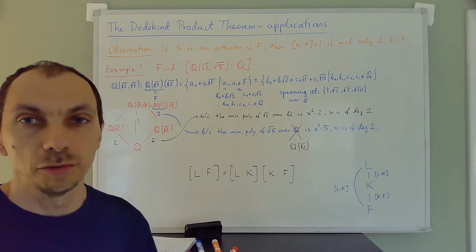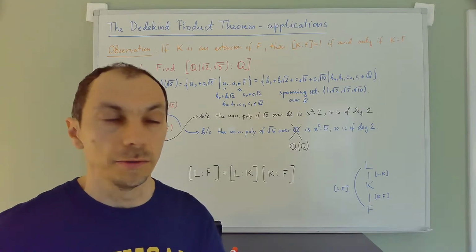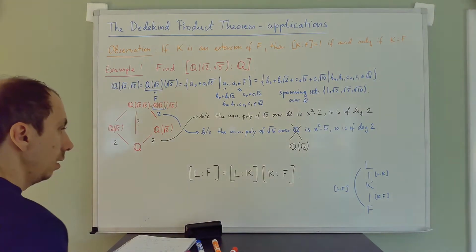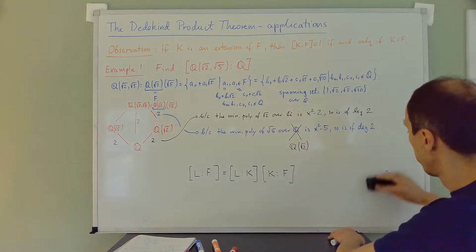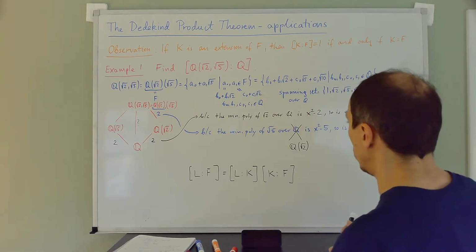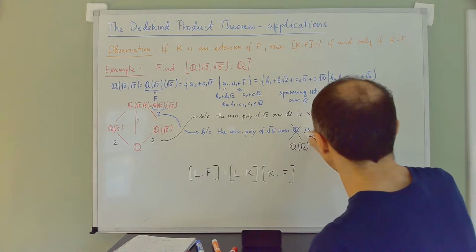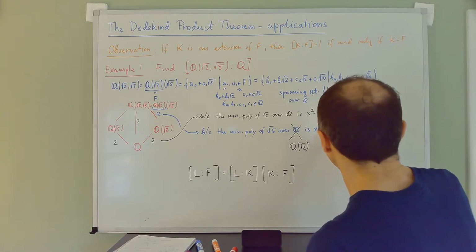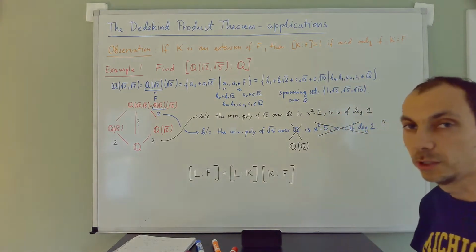So how do I find the minimal polynomial of radical 5 over that field? The point is, we don't know that.